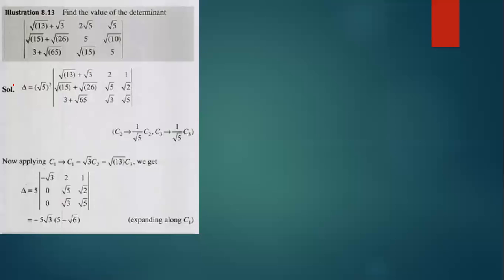First step, how many of you are understanding? Take root 5 as a common factor from C2 and C3. Is it clear now? See, what is the common factor from this one? Root 5 is there. See, here also root 5 is there. Root 5 into root 5. This should be written as actual root 5 into root 5 into remaining.